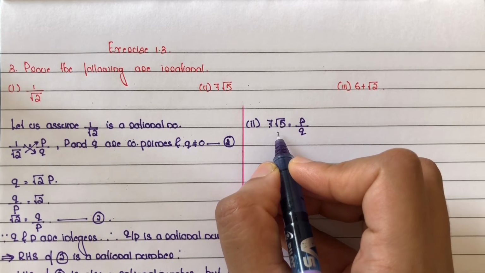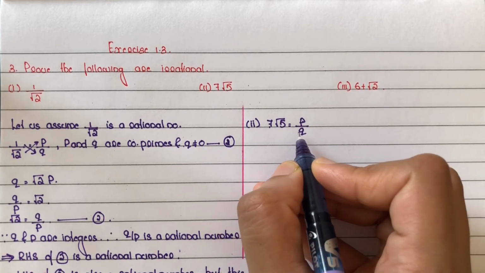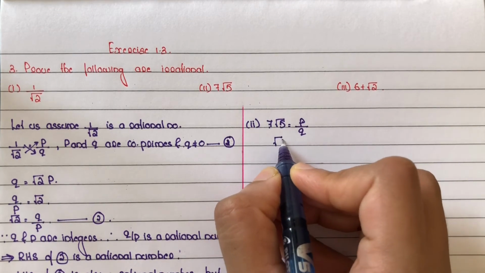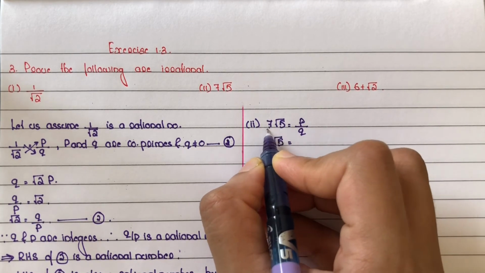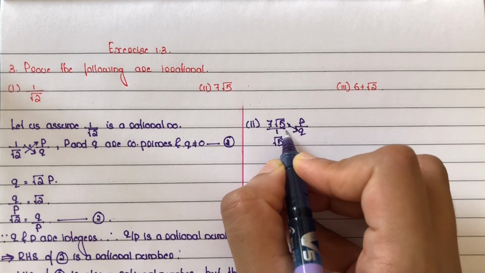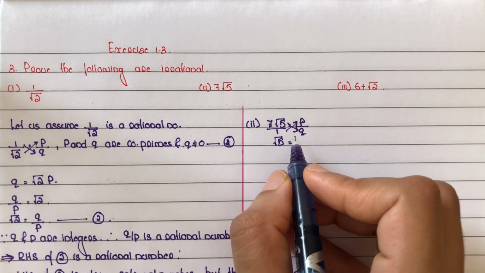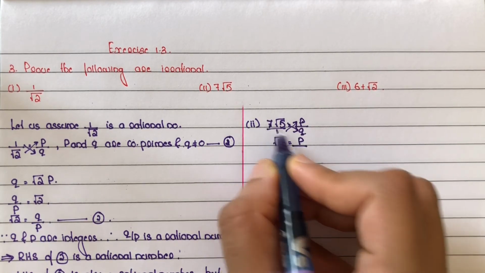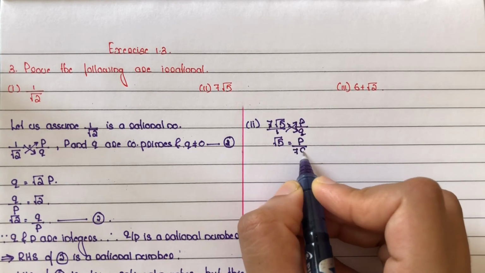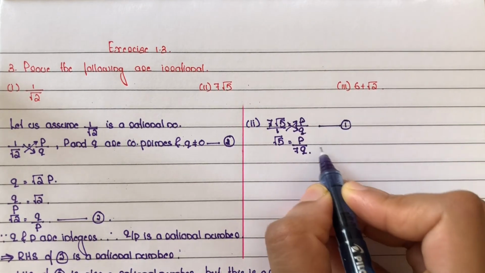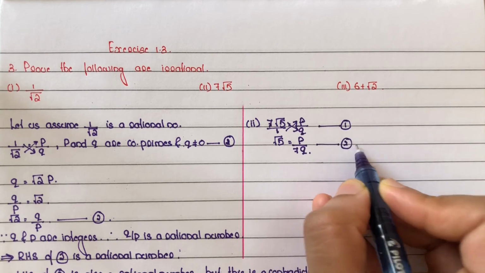So we rewrite the equation as root 5 equal to something, to create a contradiction. Cross multiplying, 7 root 5 is the same as 7 root 5 by 1, so root 5 is equal to 1 into p, that is p by 7 into q, 7q. Mark equation number 1 and equation number 2 here.